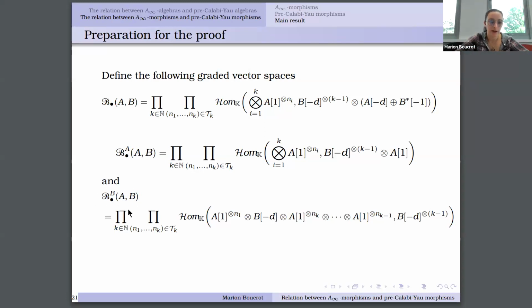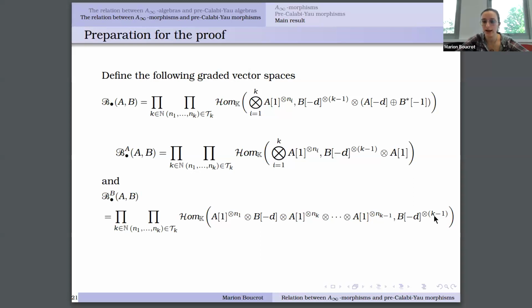I finally define B of B, which again has the same product here. And we have here a group of inputs in A shifted by 1, an input in B shifted by minus D, and other groups of inputs in A shifted by 1.